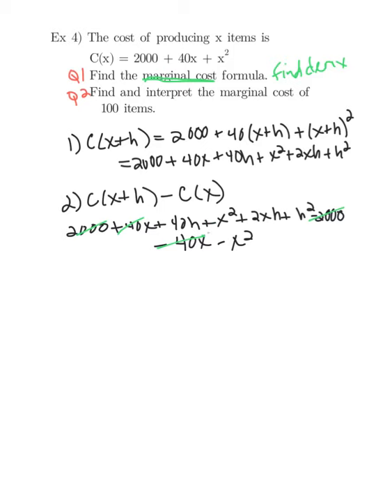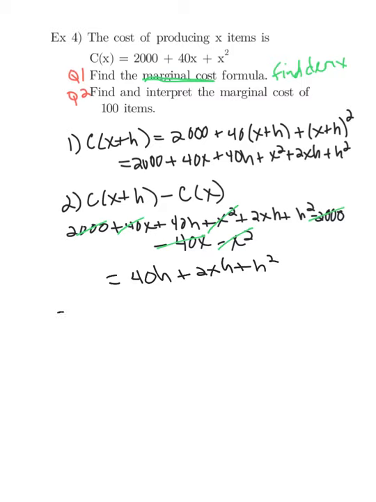Do I have an opposite? Yes, I do. My last two items are 2xh and h squared, which are h terms, so it's okay that they do not have opposites. They can be part of our answer. So our answer for step 2 is 40h plus 2xh plus h squared. And this will happen frequently, where you have a really long beginning of step 2, and then a whole bunch of stuff cancels, and you're left with something fairly simple.